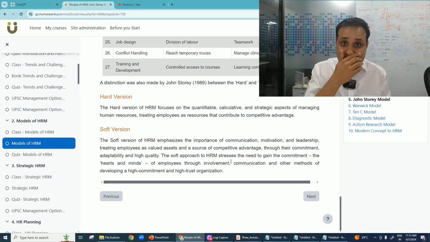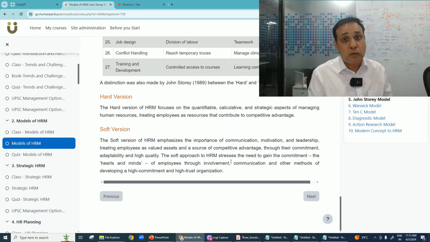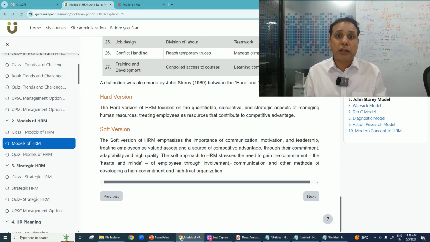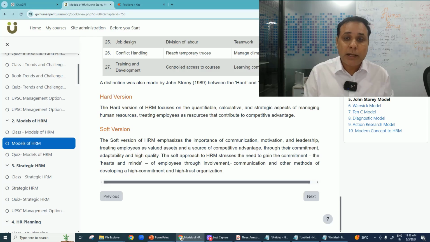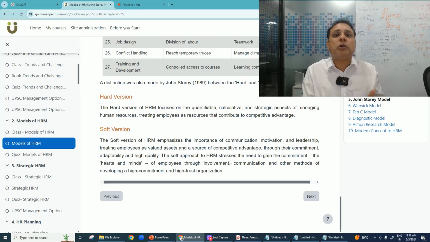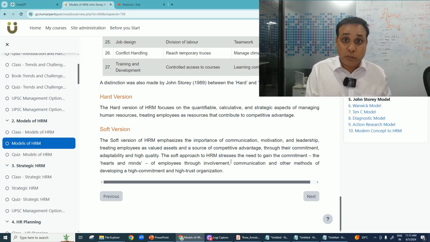In hard HRM, the focus of the firm, the manager or the leadership is only on the outcome. Management has more focus on productivity and efficiency, and your employees are treated just like a resource.